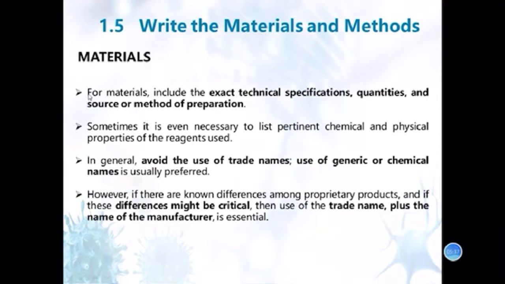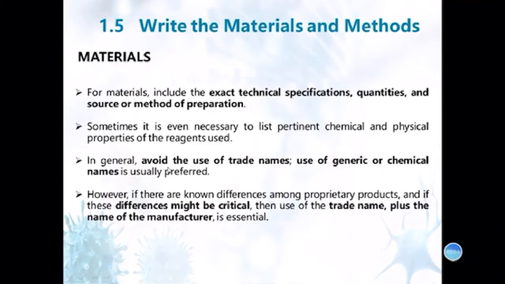So let's go to the materials part. For materials, include the exact technical specifications, quantities, and source and methods of preparation. Sometimes it is even necessary to list pertinent chemical or physical properties of the reagents used.